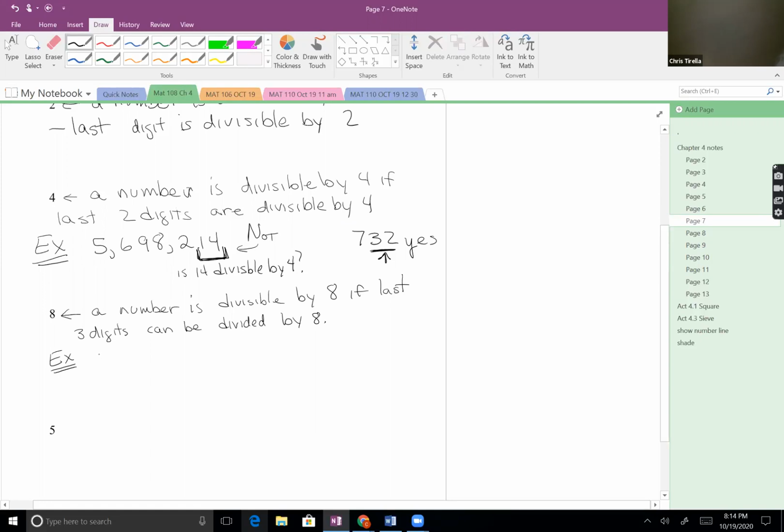So for example, if I have something like 3,000,416, I'm going to just say, can I divide 416 by 8?